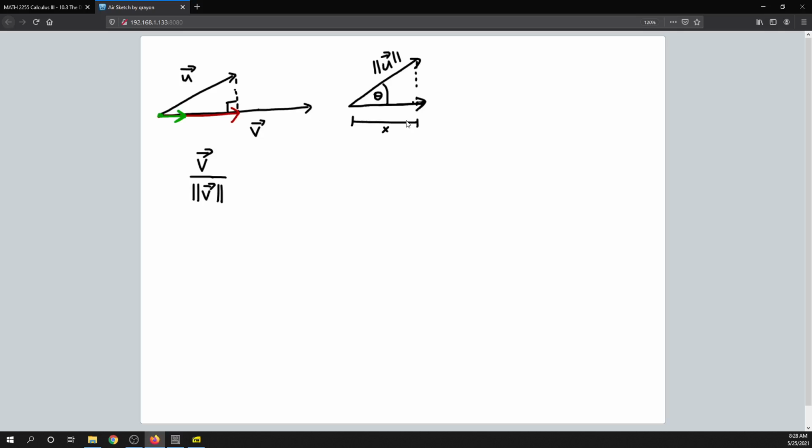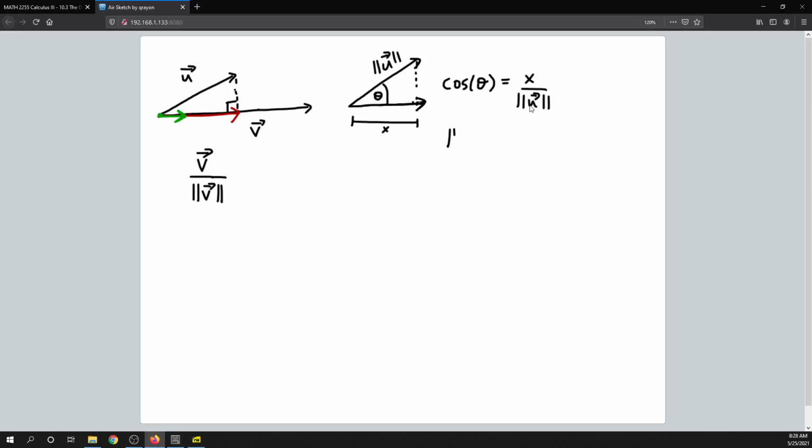So if you just do some triangle trig, the cosine of theta would be the adjacent, the length of this, over the hypotenuse. And the hypotenuse would be the magnitude of u. And then you just multiply both sides by the magnitude of u.